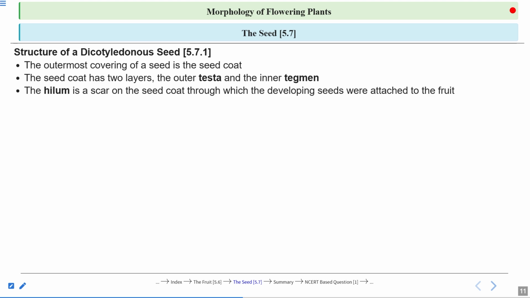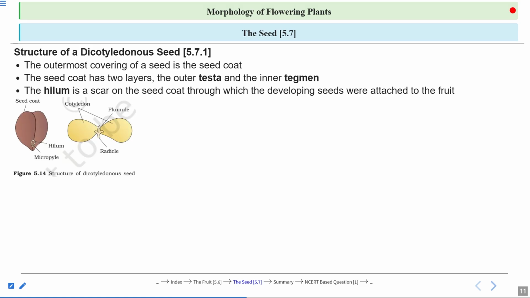And there is a point of attachment at the seed, not at the wall of the ovary, at the seed. That is called the hilum. When you detach the seed, you leave a scar or a mark on it. That mark is called the hilum.